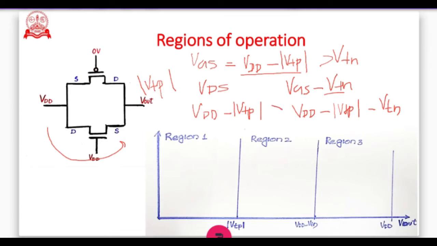So the left side term is obviously greater than the right side term. So VDS is greater than VGS minus VTN, which is the condition for saturation. So NMOS is in saturation.